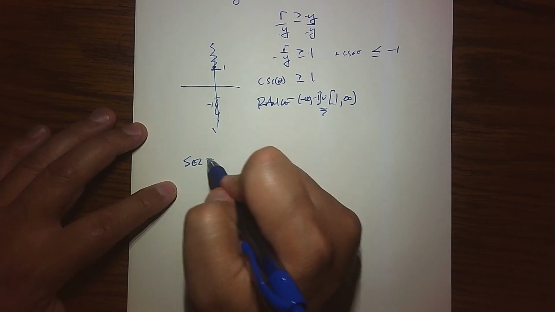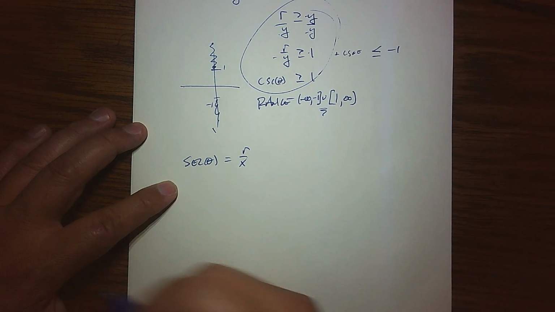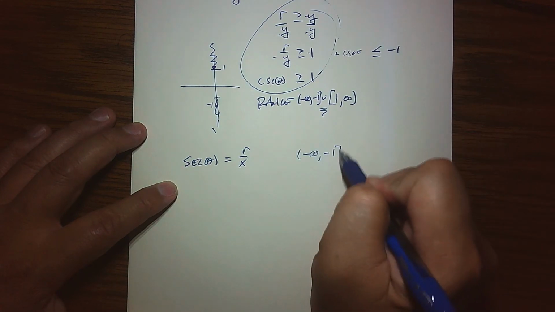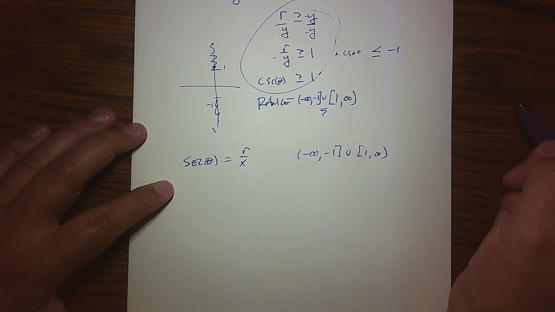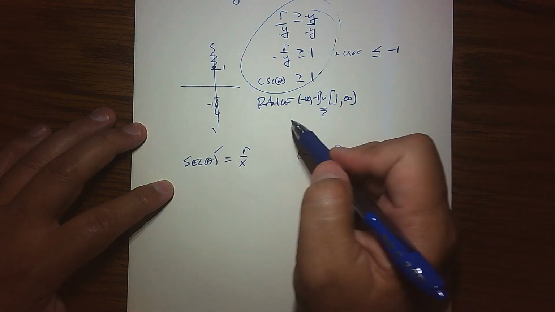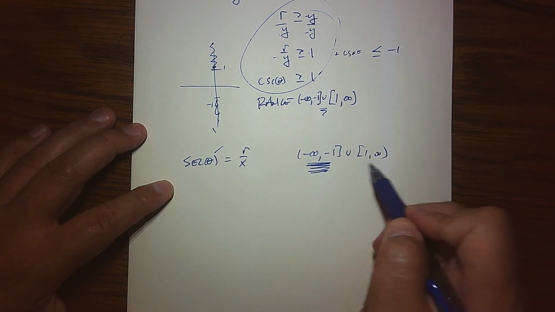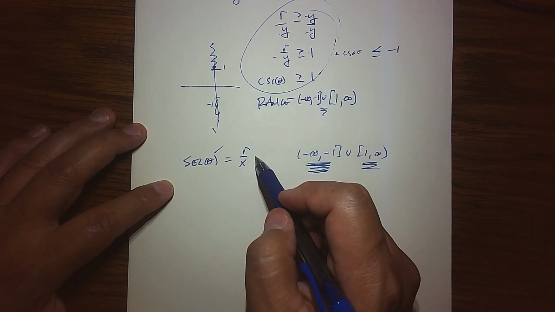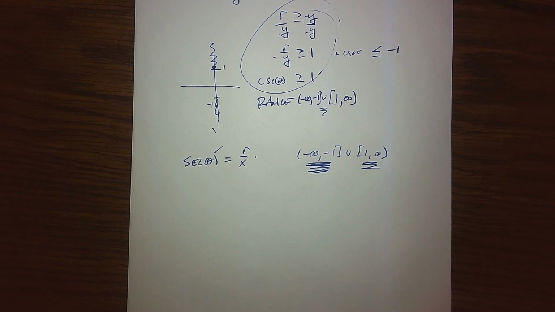Secant of theta, by definition, is r over x. And then we just replace my y's with x's, and we got it. So it turns out, to make a long story short, that the secant of theta, no matter what angle you put in, you're going to get something that's less than -1, or something that's greater than +1. So there's basically your range values for these guys.